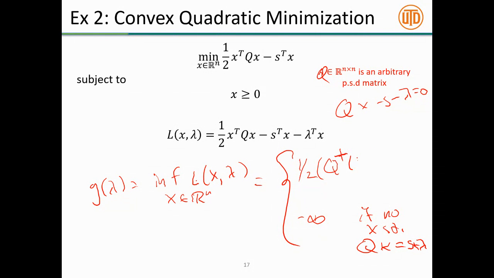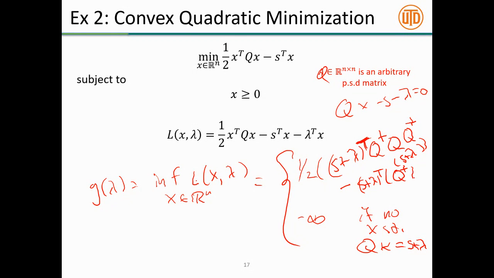So that's s plus lambda transpose times q plus times q times q plus times s plus lambda. That's the first term. After I plug into the Lagrangian, the second term looks like minus s plus lambda transpose times q plus times s plus lambda.